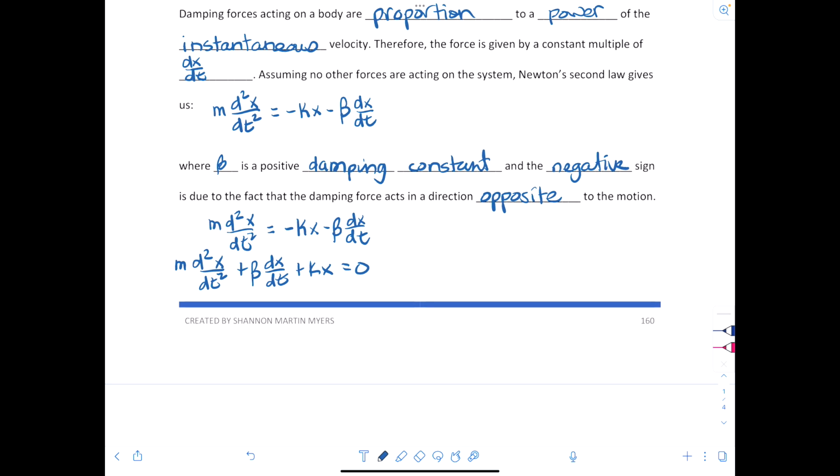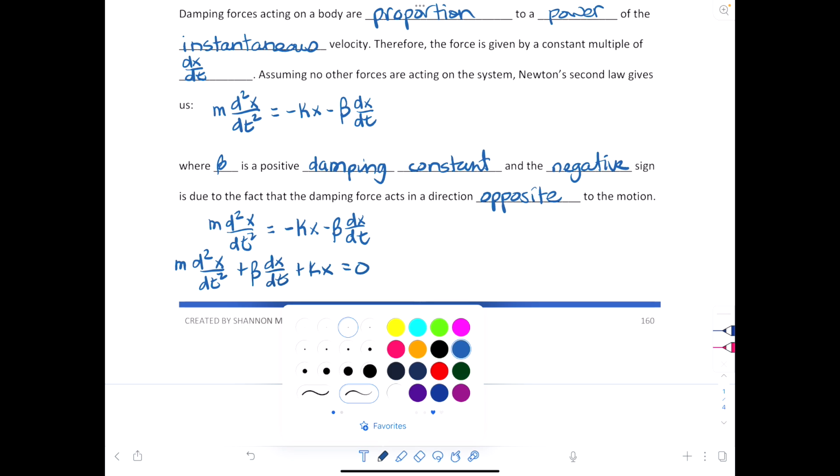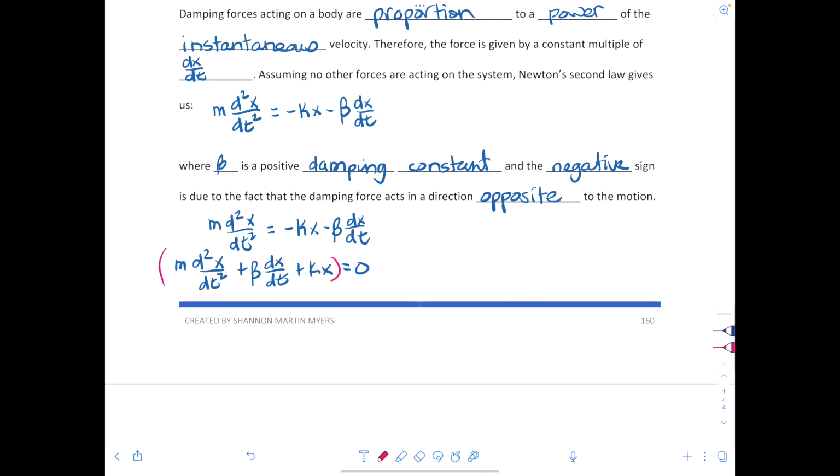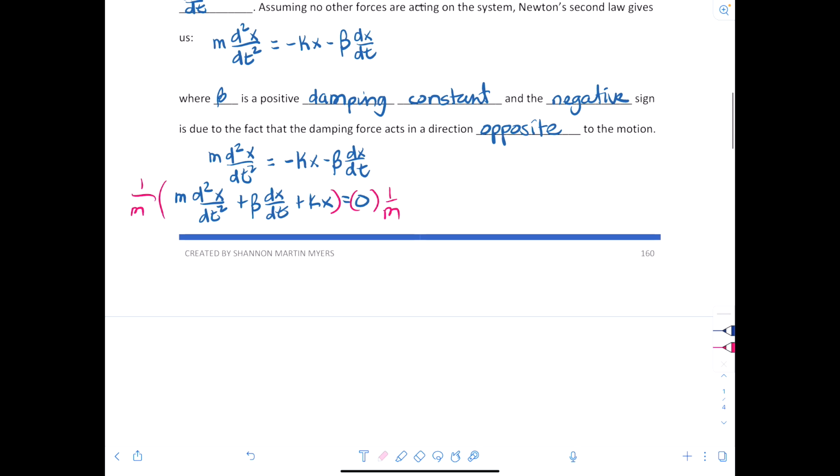Now, if we divide through by m, we end up with the second derivative of x with respect to t plus beta over m times the first derivative of x with respect to t plus k over m times x is equal to 0.